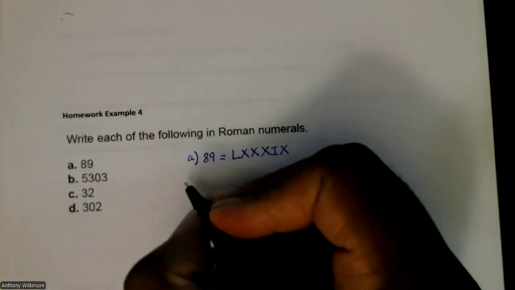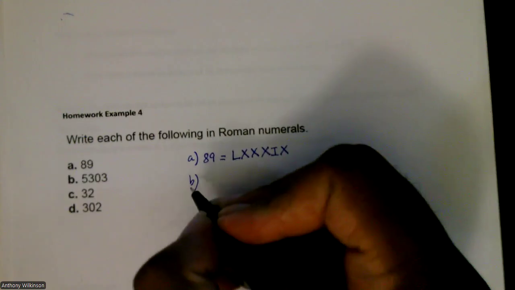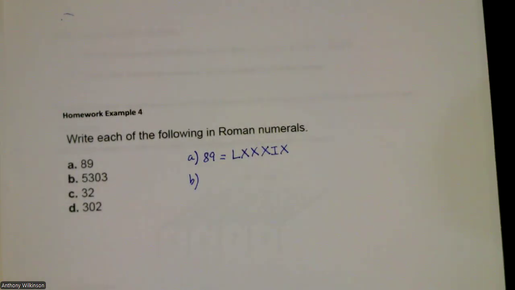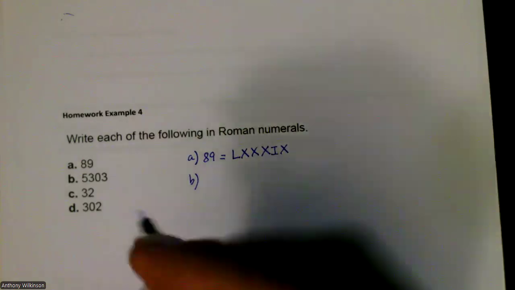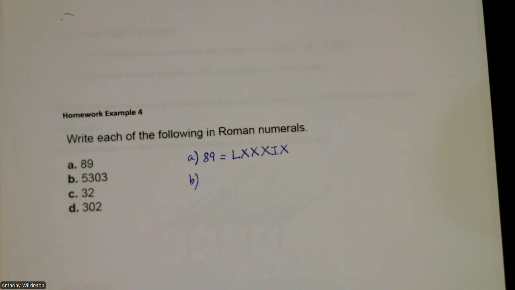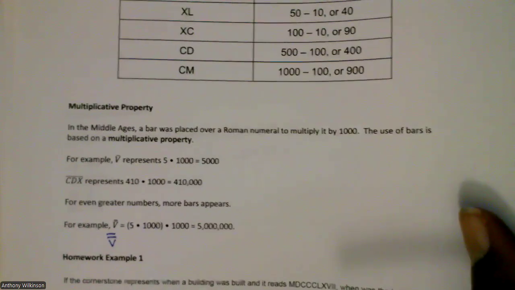Now look at part B. 5,303. Now in this case, I'm not going to use 5 M's for 5,000. However, if you recall, we did talk about the multiplicative property where you can use one of those Roman numerals and put a bar on top.